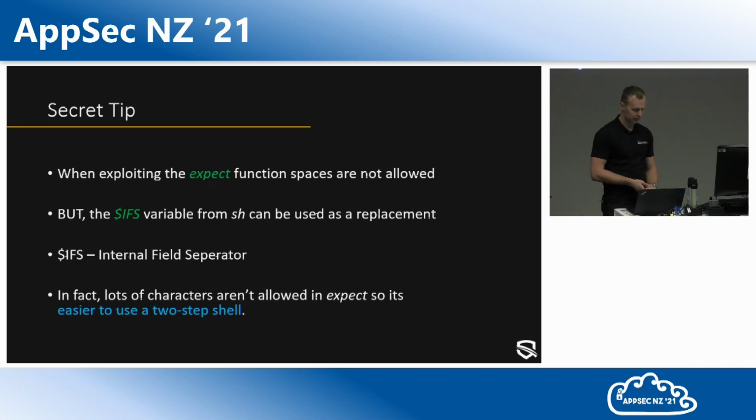However, $IFS, the internal field separator in your shell, can be used as a replacement for space in this case. There's a lot of other special characters, so things like angle brackets and ampersands, that you can't replace with those special characters as far as I'm aware.